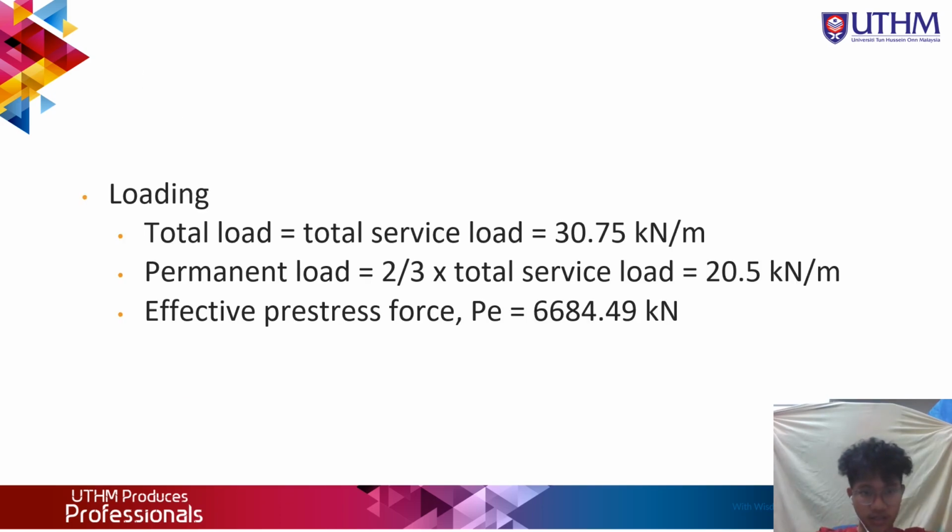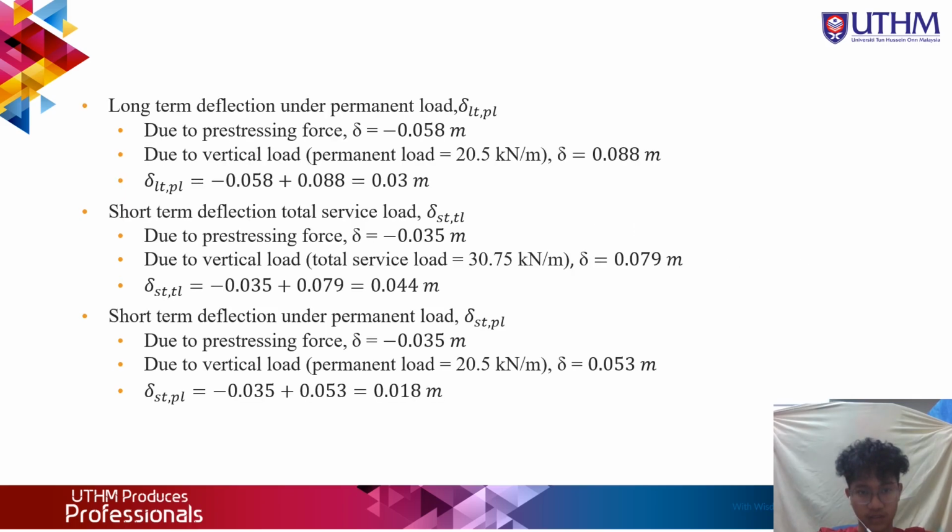Okay. Then for the loading, to find the long-term deflection, the loading is the total load, permanent load, and effective prestress force. The long-term deflection under permanent load is 0.03 meter.